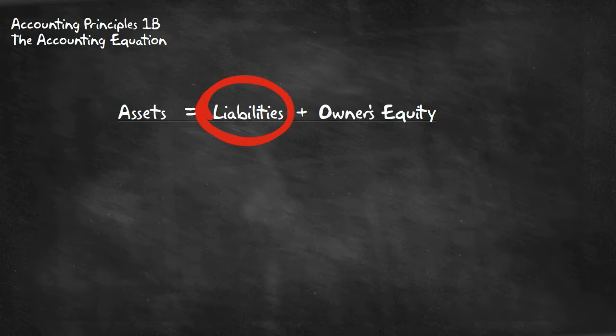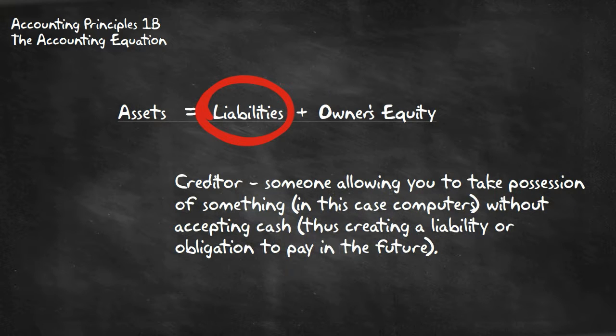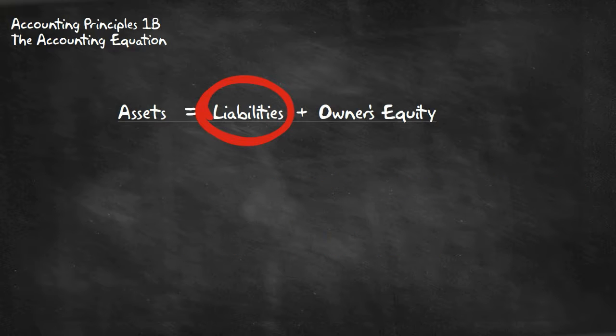The local computer store is referred to as a creditor, as they are allowing you to take possession of something, in this case computers, without accepting cash, thus creating a liability or obligation to pay in the future. So again, in this circumstance, you are buying $20,000 in computers, but you are not paying with cash yet because you are going to pay in the future. So you are instead creating a liability.